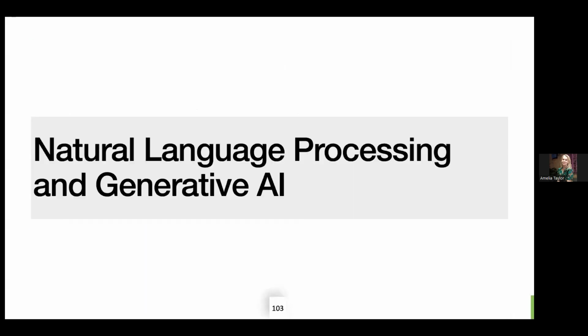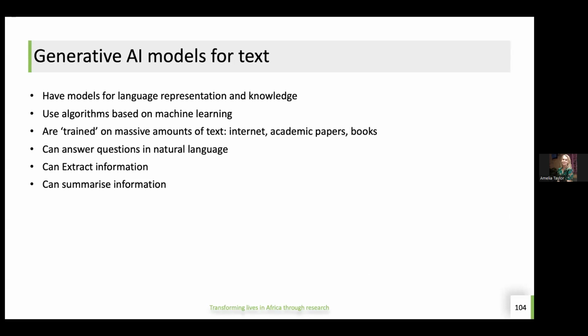Okay, so natural language processing and generative AI. First, I'm just going to talk about generative AI, but NLP, or natural language processing, refers to a lot of different algorithms that help us process text and speech.